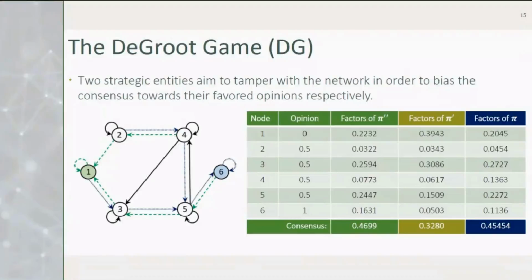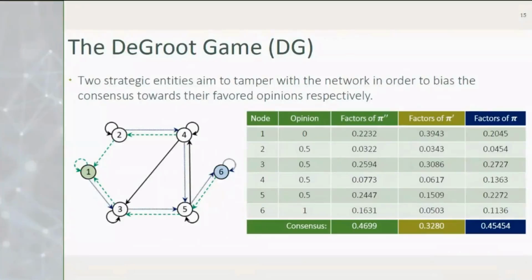In the initial state, it was 0.45. The intervention of only one player, player 1, downgraded the opinion to 0.32. And now the introduction of the second player reverted the final opinion to 0.46.